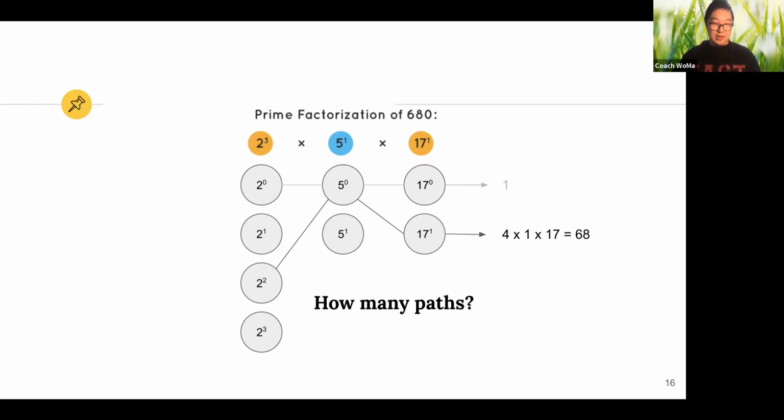So you can think of it like there are 4 different paths going from 2^0 to 1, 2, 2^2, 2^3 into 5^0. And there are also 4 different paths going from 2^0 to 1, 2, 2^2, 2^3 into 5^1. That's a total of 8 going from 2 to 5. But then with every single one of those paths, you can either go to 17^0 or 17^1.